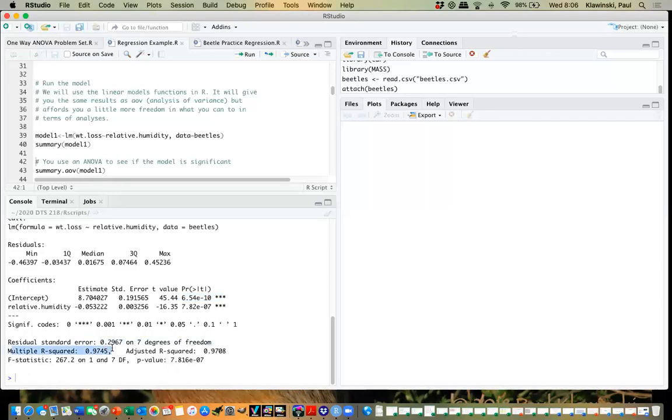R squared is the coefficient of determination. And it's literally R squared.